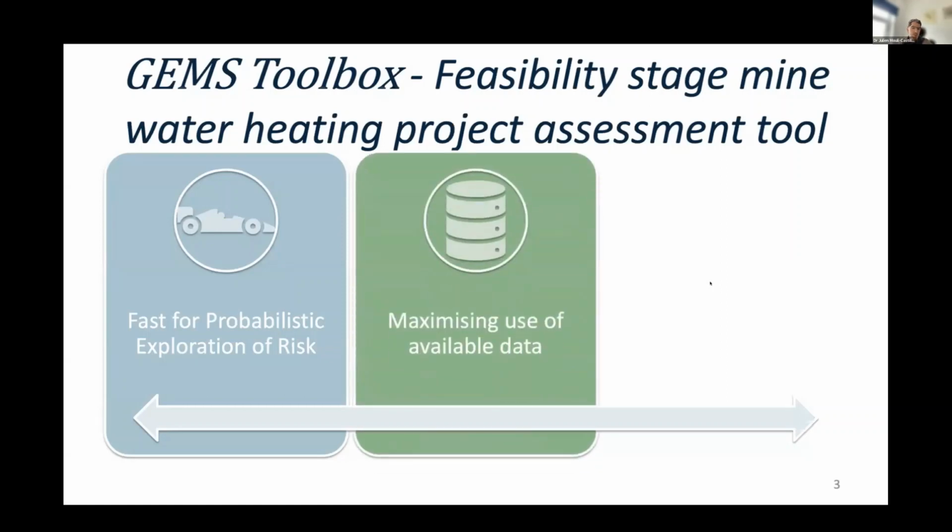We want to maximize the use of available data. So at the start of a project, you usually don't have much data on the subsurface. You might have a bit of historical data, a few borehole logs. And in the UK, we're quite fortunate that we have a lot of mine plans from the mines, as we've seen today already.